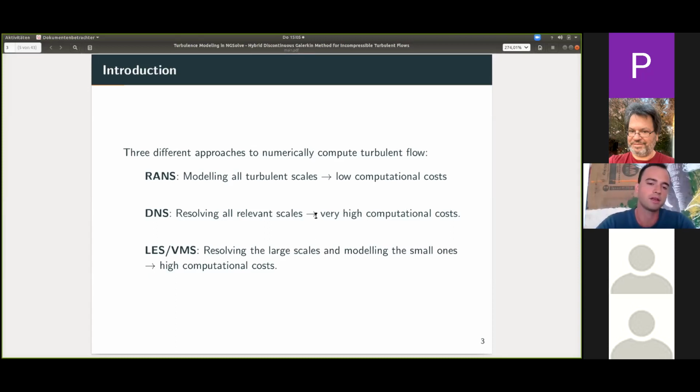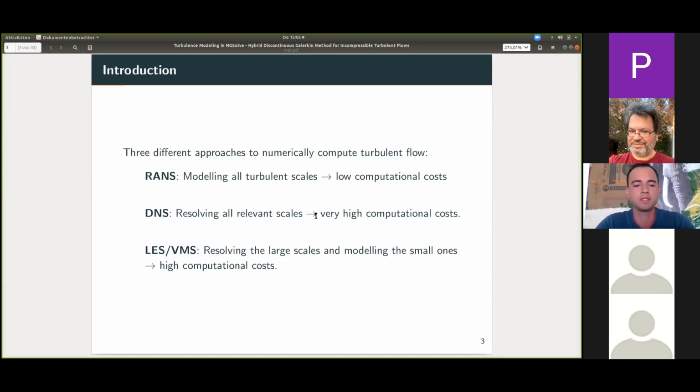On the other hand, the direct numerical simulation, the DNS, really tries to resolve all relevant scales, from the Kolmogorov scales, which are the smallest, very dissipative ones, up to the large scales, which are very dependent on the boundary conditions, on the outflow and so on. The problem here is that we have a very high computational cost.